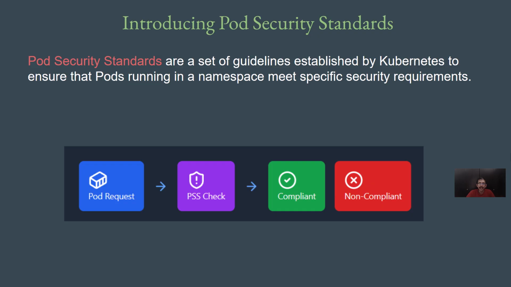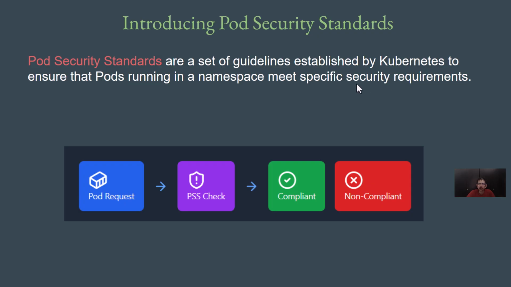So at a very high level overview, pod security standards are a set of guidelines that are established by Kubernetes to ensure that whatever pods are running in a specific namespace meet the security requirements. Now, these security requirements are defined by Kubernetes itself, so you don't really have to manually define them.